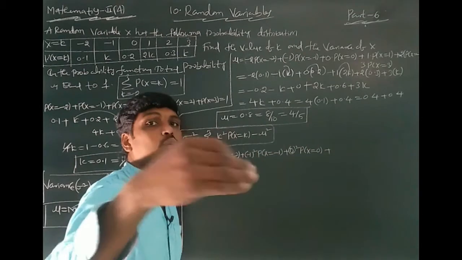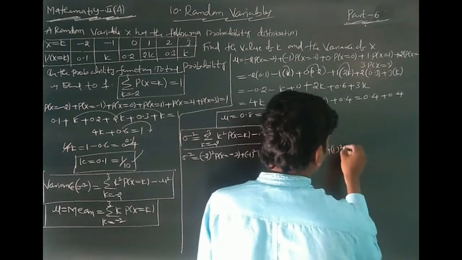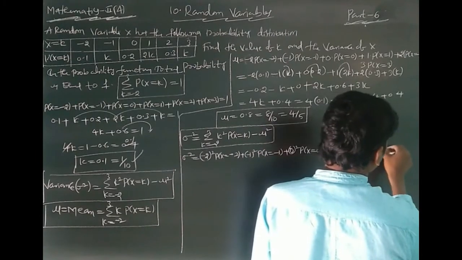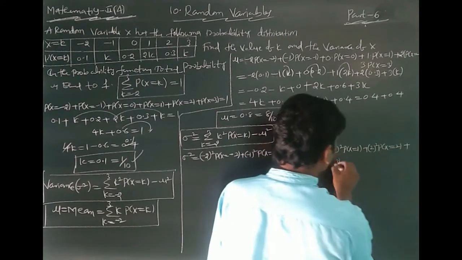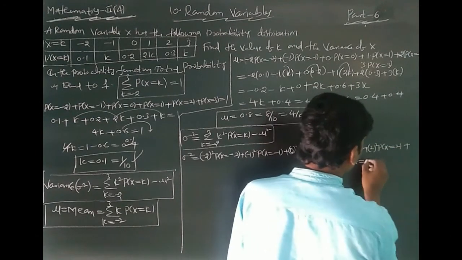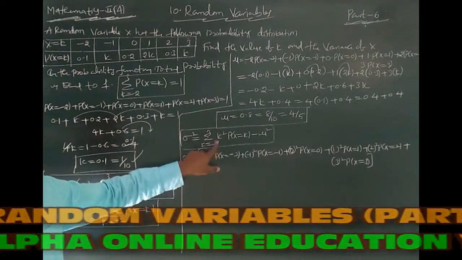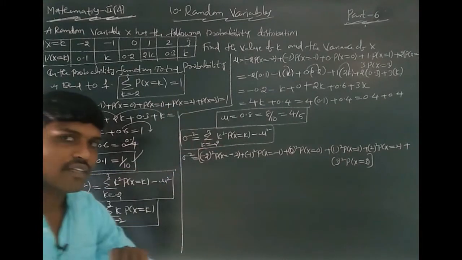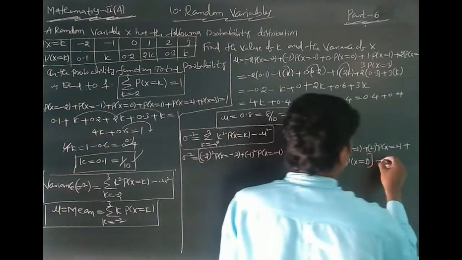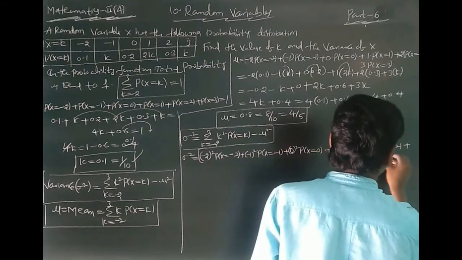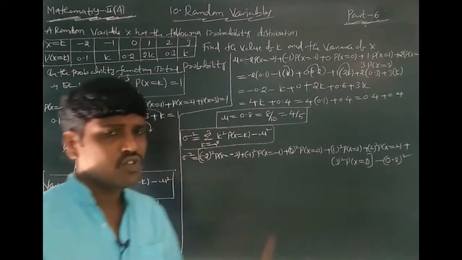After 0, 1, 2, 3. 1 square into p of x is equal to 1. Plus 2 square into p of x equal to 2. Plus 3 square into p of x is equal to 3. This total value is summation of k is equal to minus 2 to 3, k square into p of x is equal to k, minus mu square. Mu square, nothing but what stands here? Mu square, nothing but 0.8 whole square. You can add any one, that is your wish.